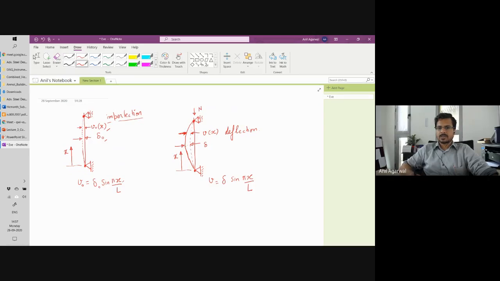So let's look at this particular column that is deflected because of load n. Let me draw it here itself. Load n is acting here, and another load n is acting here, and you would have a deflection of this much here.